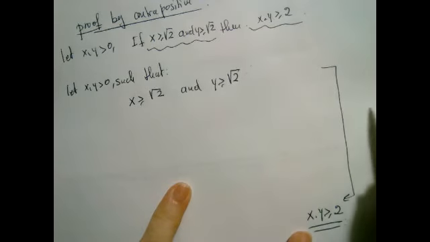We can multiply both x and y. We need a justification for that. Why can we do that?